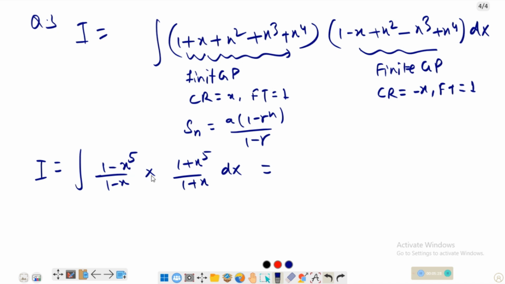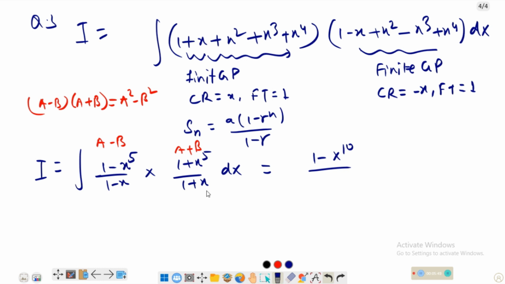So this is a minus b, and this is a plus b, so a minus b into a plus b is equal to a square minus b square. So this quantity is equal to 1 minus x to the power 10 upon 1 minus x square dx. Again this is the sum of a finite GP whose common ratio is x square.